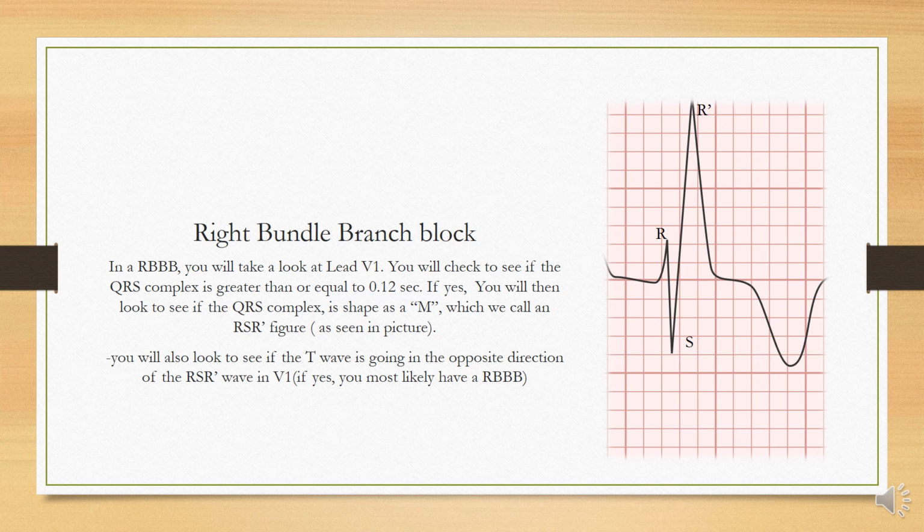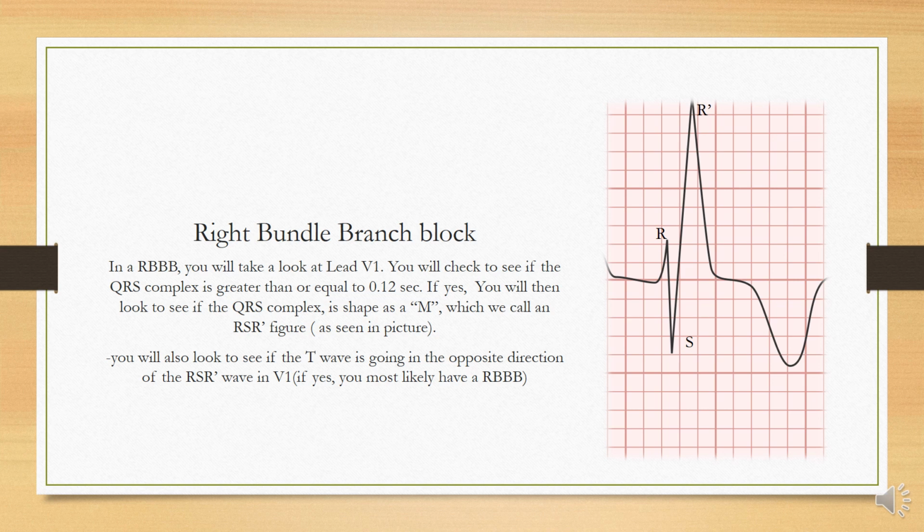And it has the RSR prime figure as you see in the picture on the right, as it's labeled. We're also seeing if our T wave is going in the opposite direction of our RSR prime wave. If it fits that criteria, then 9 out of 10 we have a right bundle branch block occurring.